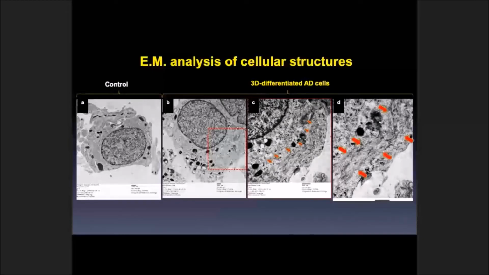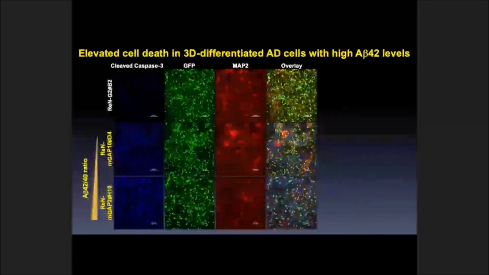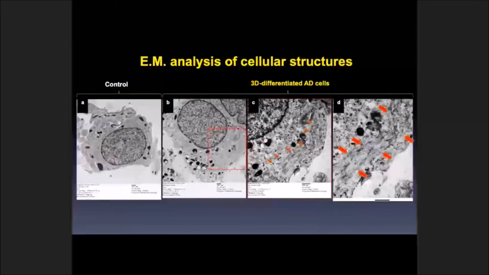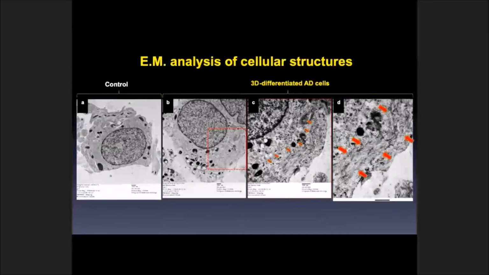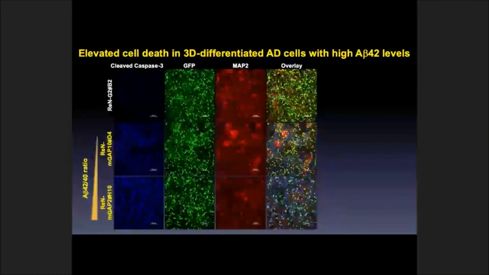There's one more thing we noticed with the EM studies. AD cells are not only showing tau aggregation, but they look very sick. We see a lot of signatures of mitochondrial deficit and others, and we wondered whether that's the case. And the answer is yes. So this is active caspase-3, a cell death marker, and you can see that especially with our cell line with high A-beta 42 levels, there is a robust increase of caspase-3.